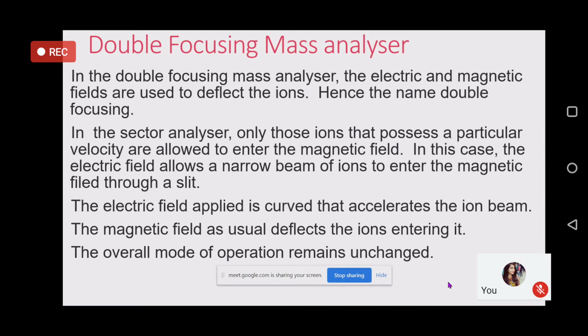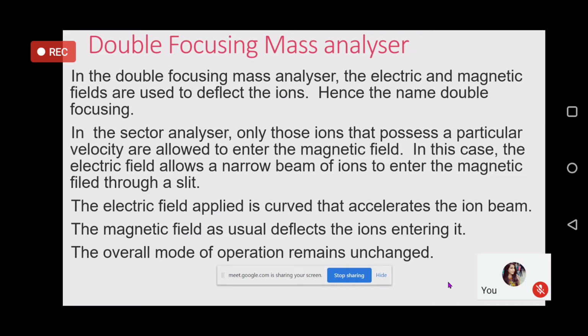So that is the basic difference between the production of ions in an electric field and ions being brought into the electric field from the source where they are generated. If they are produced in the electric field, then all the fragments with different m by z values will definitely have different velocities, and all the fragments with the same m by z values will have the same velocity.